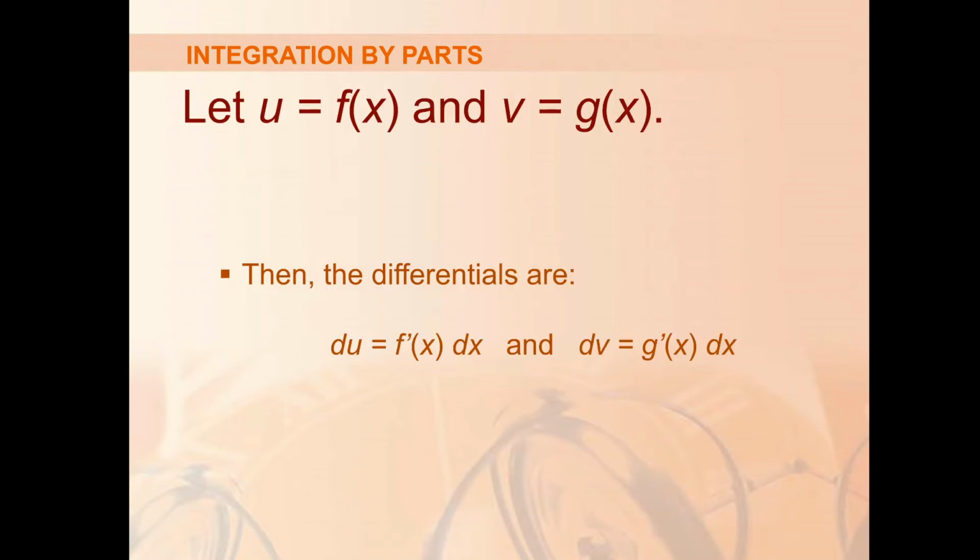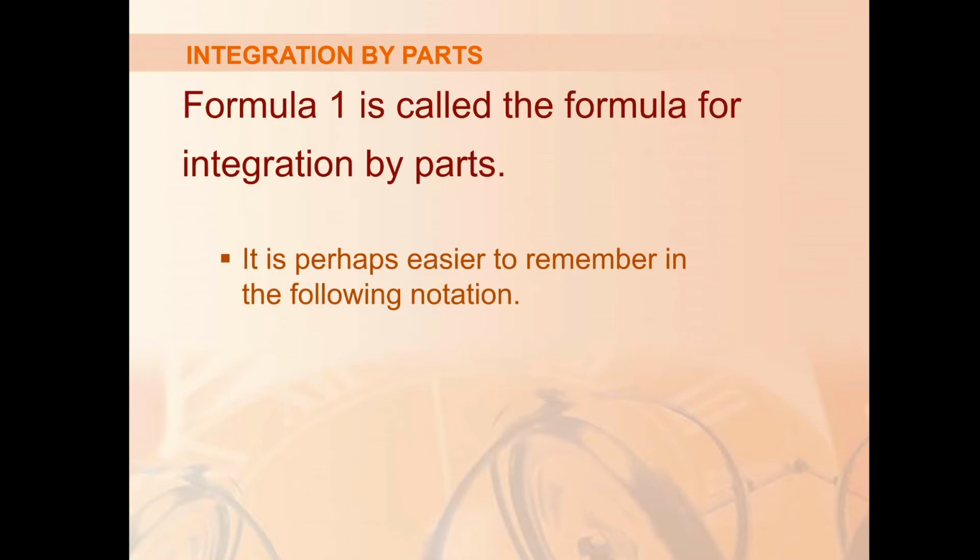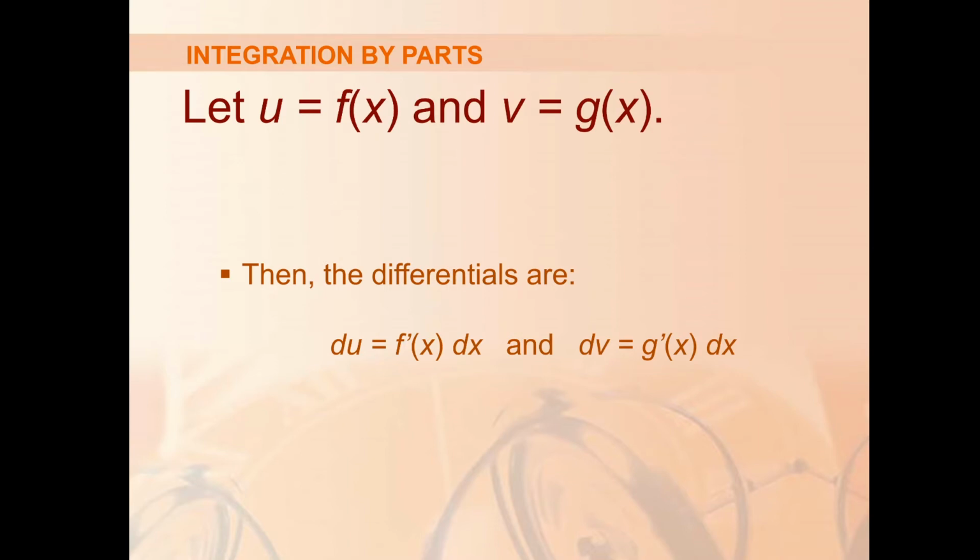So, using it, let's say we have two functions: u equals f of x, v equals g of x. Then du is f prime of x dx, because we take the derivative implicitly, and dv, which is v prime, is g prime of x times dx.